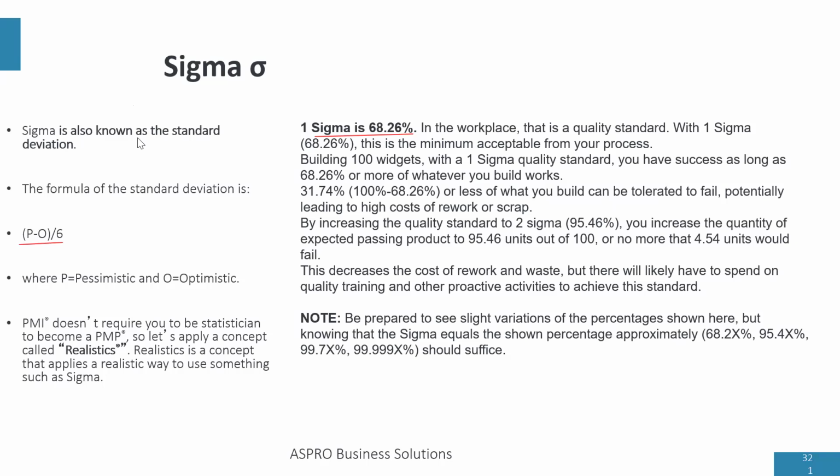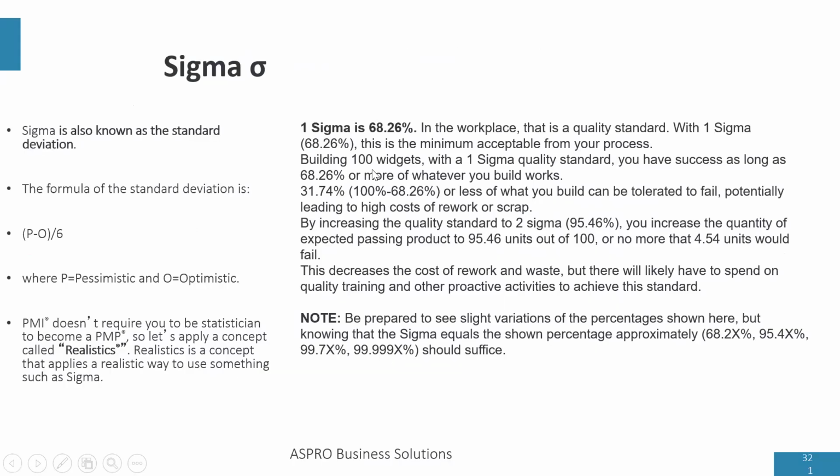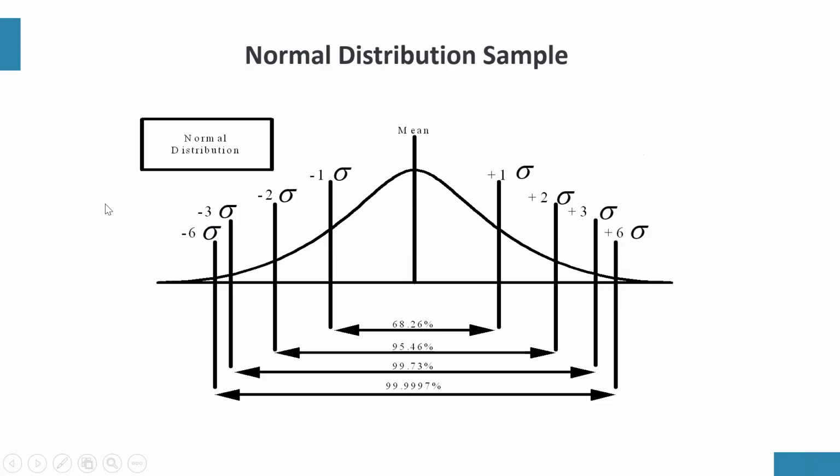Now, sigma is standard deviation, and standard deviation is a particular figure that can be calculated using pessimistic minus optimistic divided by 6. But what is important, you don't need to calculate standard deviation. What is important in the PMP exam is the different values for standard deviation.